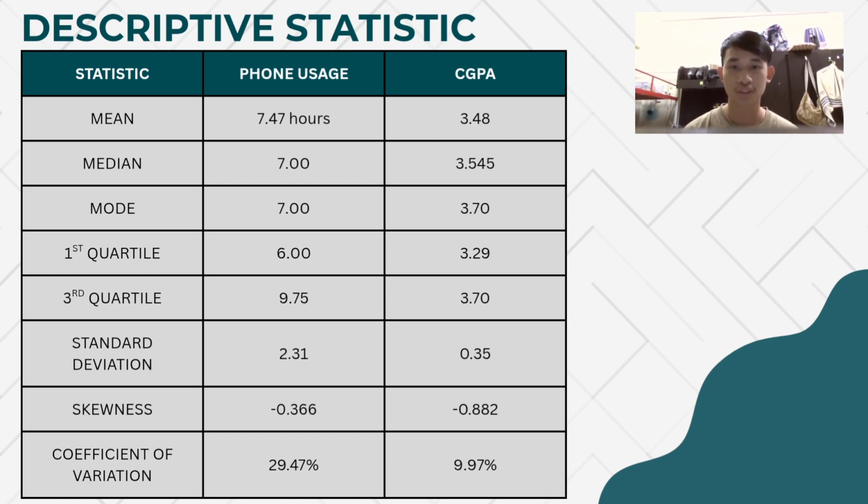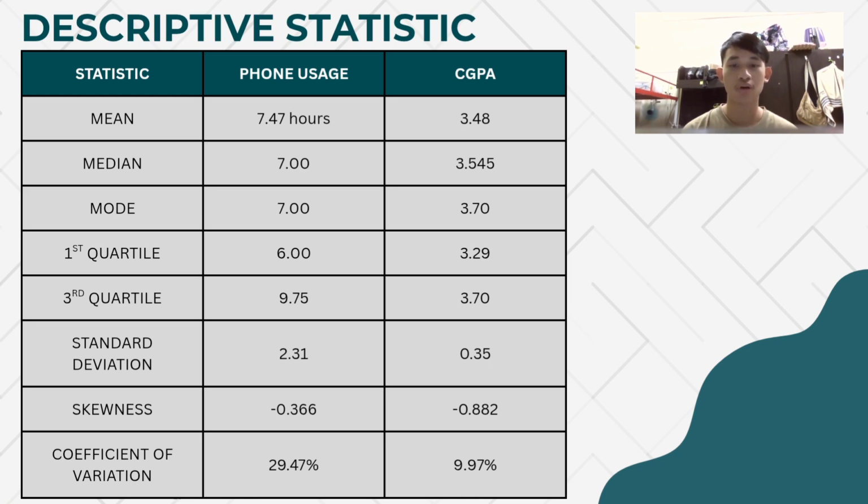Here, we show the descriptive statistics for phone usage and CGPA. The mean phone usage is 7.47 hours and the average CGPA is 3.48. The median values are 7 hours for phone usage and 3.545 for CGPA.